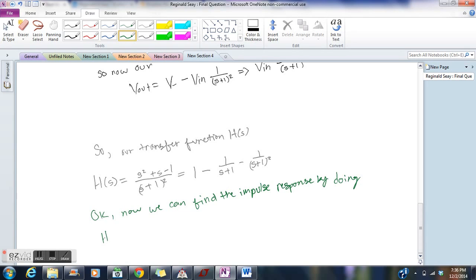Our h of t is equal to the inverse Laplace of H, which is equal to delta t minus e to the negative t minus t e to the negative t.